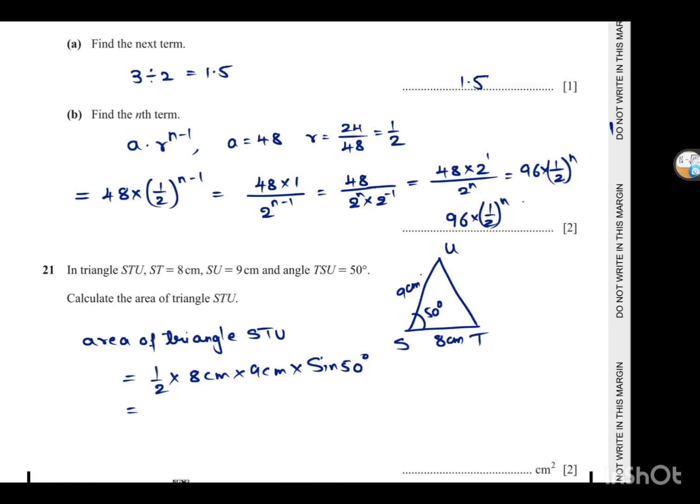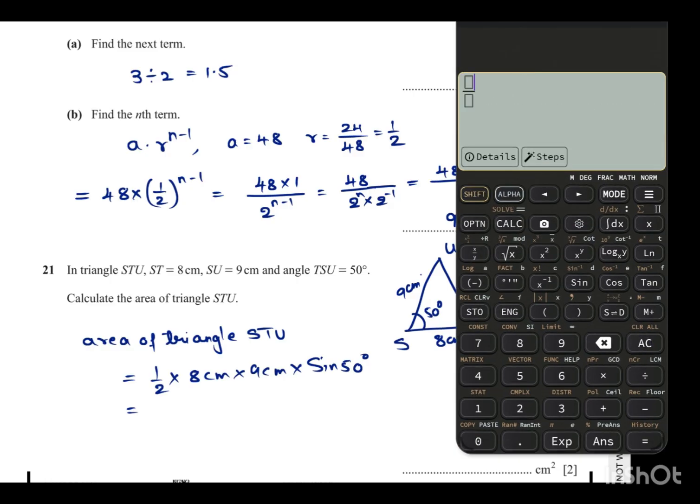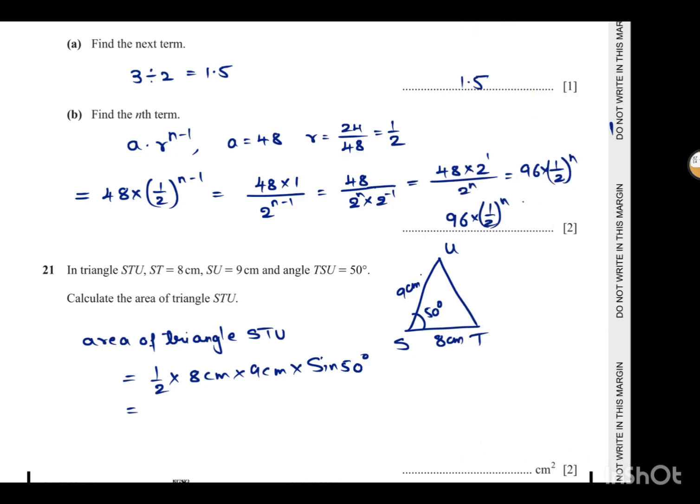Find out half into 8 into 9 into sine 50 degrees. 27.5775. It is centimeter square, so it is 27.6 centimeters square.